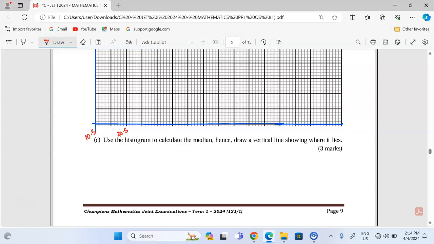Then we will have 30.5. Then we go to 40.5, 50.5, 60.5, 70.5, and 80.5. So now these are the marks in this contest.